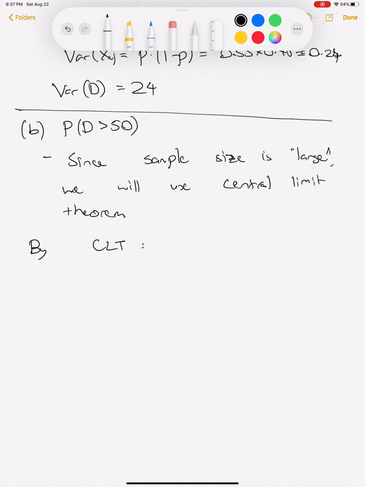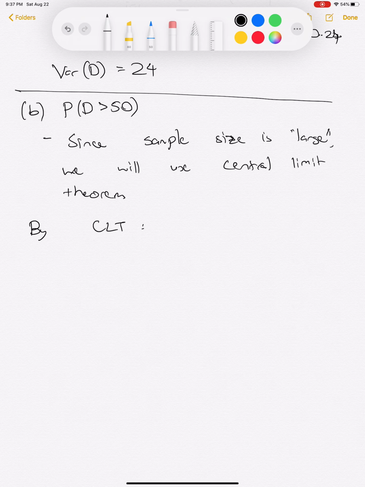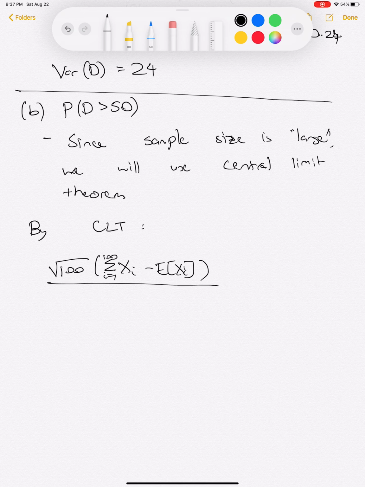So by the CLT, which I'll use as an acronym quite frequently for the central limit theorem, if you look at the sum of the xi's, wait, this should be 1 over 100, I'm sorry.